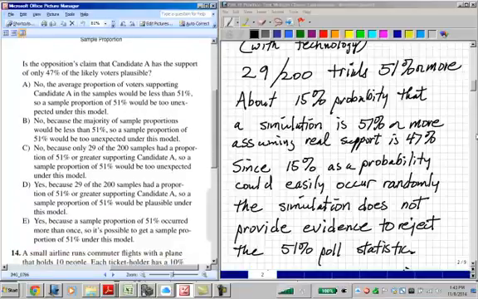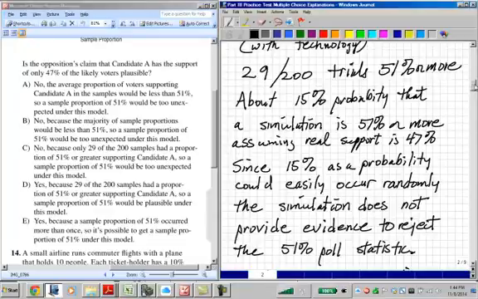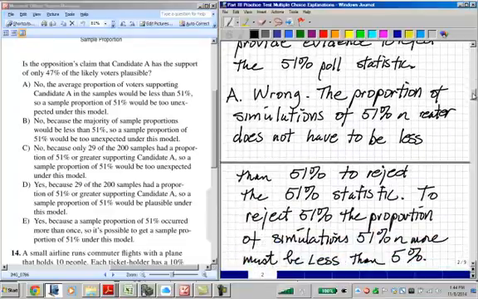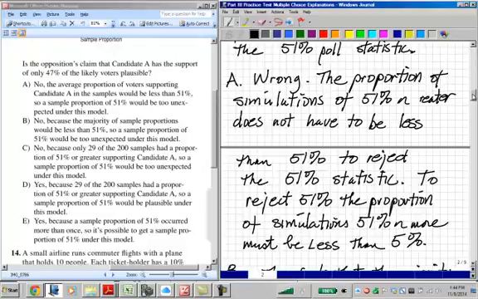So A, the average proportion of voters supporting the candidate in the samples would be less than 51%. So a sample proportion of 51% would be too unexpected. All right, well, that's wrong. The proportion of simulations of 51% or greater does not have to be less than 51% to reject the 51% statistic.